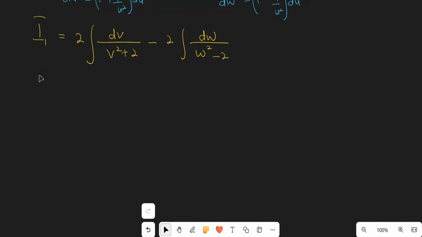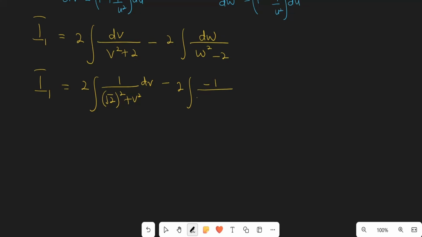All right, so I1 is going to be equal to 2 times the integral of 1 all over, 2 can be written as the square root of 2 squared, plus v squared dv, minus 2 into, I'm going to multiply the numerator by -1 and the denominator by -1 as well. So that is going to be, this minus 2 can be written as the square root of 2 all squared, right? Like this. And then dw.